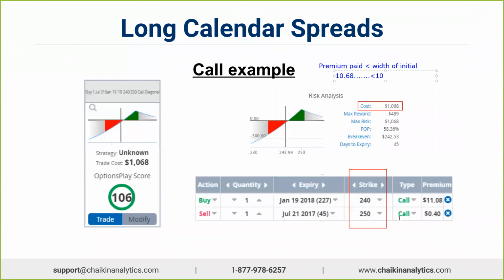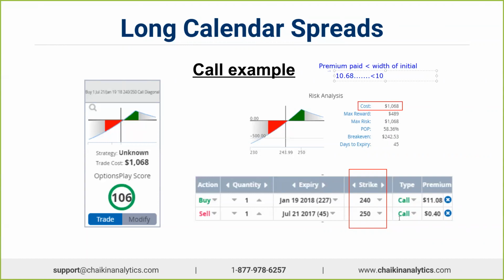The next number to think about is, where am I going to take my profits? What I like to do is place limit orders. I place limit orders when I get filled to close my short legs and my long leg. Now, the long leg, again, I might not place that limit order right away, especially on a calendar spread. Because if I'm buying a calendar spread 200 days away, I'm not going to place a limit order for a target.